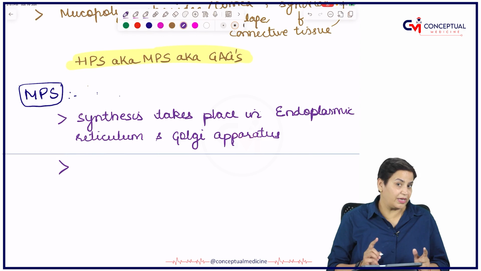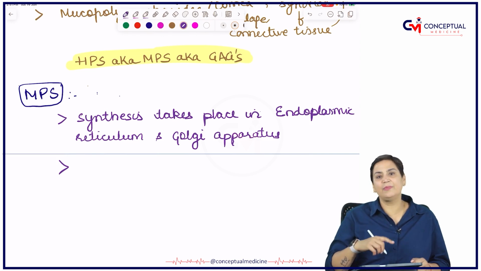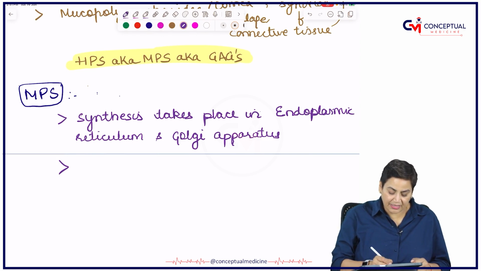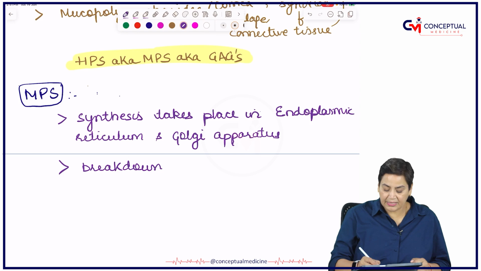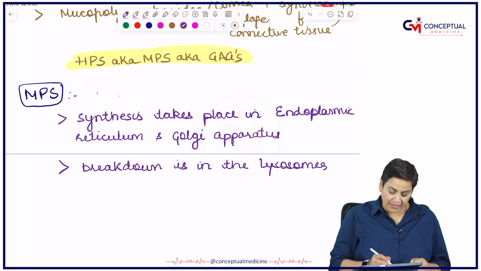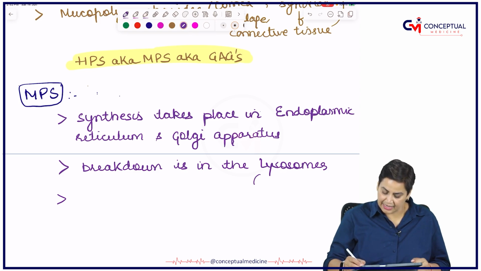Now this you have to again remember: synthesis takes place in the ER and Golgi apparatus, but degradation or breakdown is in the lysosomes, and the group of enzymes is hydrolases. So I'll just write: in the lysosomes by hydrolase enzymes.